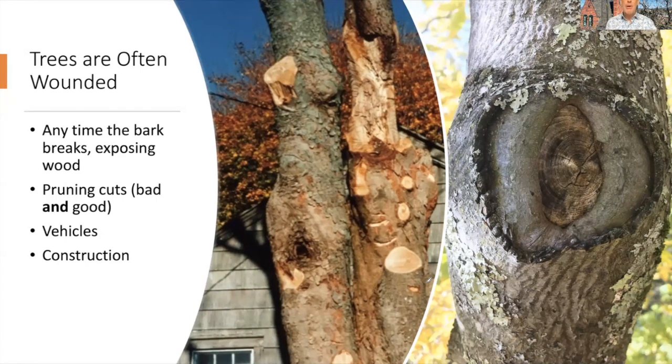There's also the possibility of even making good pruning cuts. So the one image here clearly is some pretty bad pruning, and somebody who doesn't know how to use a chainsaw very well. But even a good pruning cut, like the image you see here on the right-hand side, even if it compartmentalizes well, there's still the possibility of decay. So any kind of wound can cause decay in a tree.